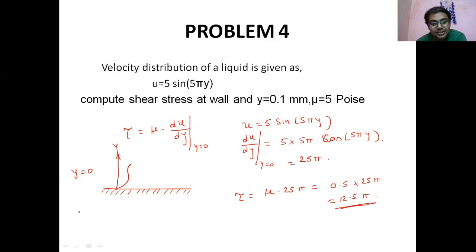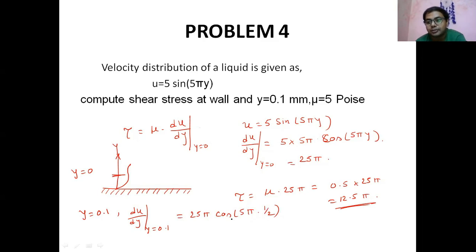But if you are asked at y is equal to 0.1, similarly, what would be the du/dy value? It is very interesting. Given y is equal to 0.1, at y is equal to 0.1 your value will come as 25 pi cos 5 pi, 0.5 means half, so pi by 2.